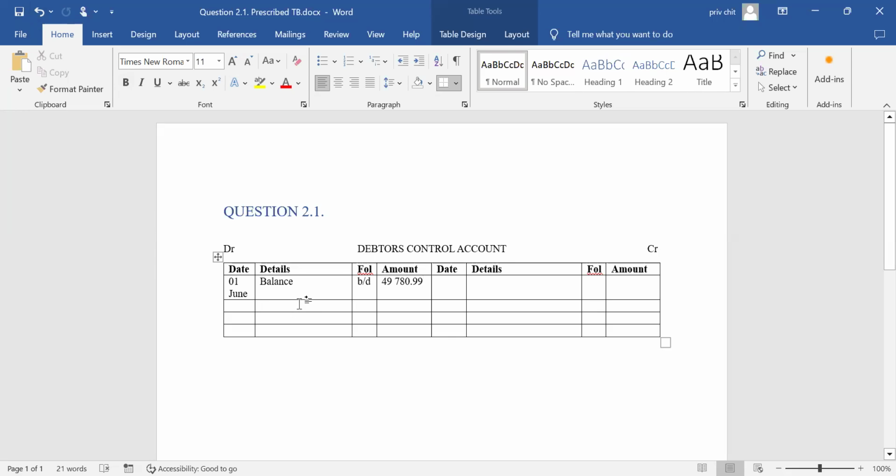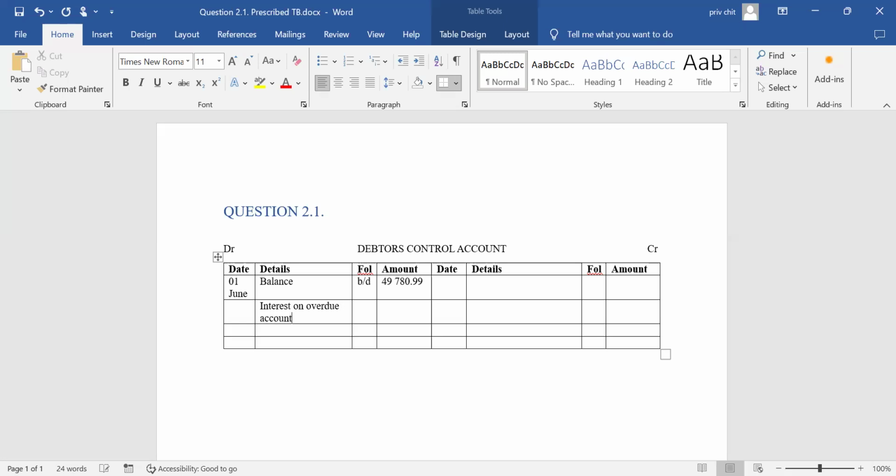Then the other thing I want us to insert, obviously, is interest on overdue account. And then, of course, there's sales that we need to also bring in and stuff like that. So this is coming from the general journal. Sales is coming from the debtors journal.